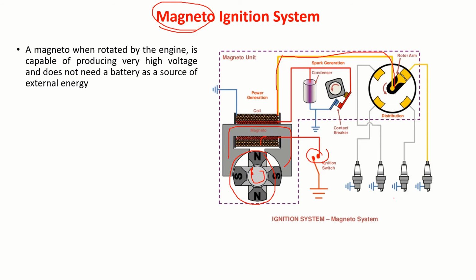From the distributor it flows to the spark plug. So here you do not have a battery. For a smaller vehicle it is good. You have to crank the engine. When you start cranking, this will rotate, and only then will it induce the required voltage and create the spark.